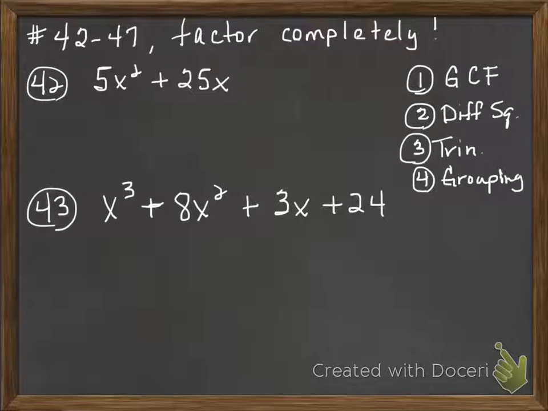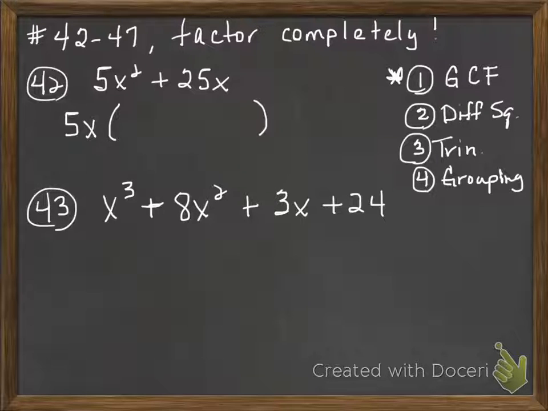So when we look at number 42 again, we always want to ask ourselves, is there a GCF? Between 5 and 25 there is a GCF. That would be 5. Between x squared and x to the understood 1 power, our GCF is going to be that smaller power, x to the 1. So we're going to factor out our greatest common factor of 5x.